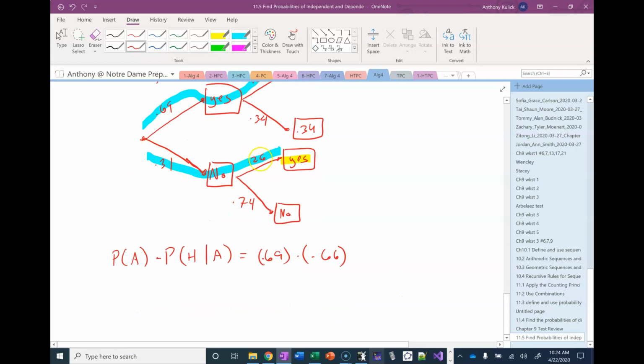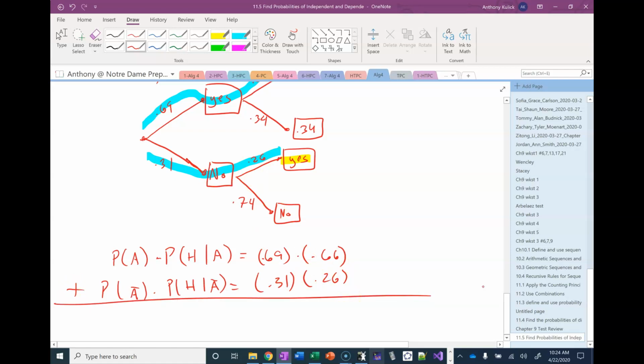And then for this other path, I have the probability of not A times the probability of H given not A. So that's 0.31 times 0.26, and then I'm just going to add these two up.